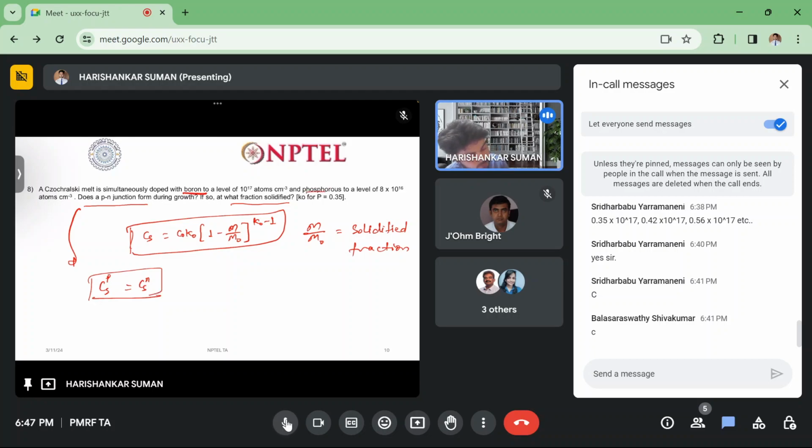Boron and phosphorus, phosphorus K naught is given, sorry. For boron, let's say boron, 0.8. Please take this data. Now please solve. What is the value of M by M naught, the solidification fraction?